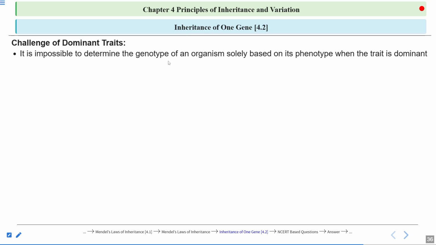It is impossible to determine the genotype of an organism solely based on its phenotype when the trait is dominant. If you see that a pea plant is tall, by looking at the plant you cannot tell whether it is homozygous dominant or heterozygous. You cannot tell by just looking at the plant if it is tall.